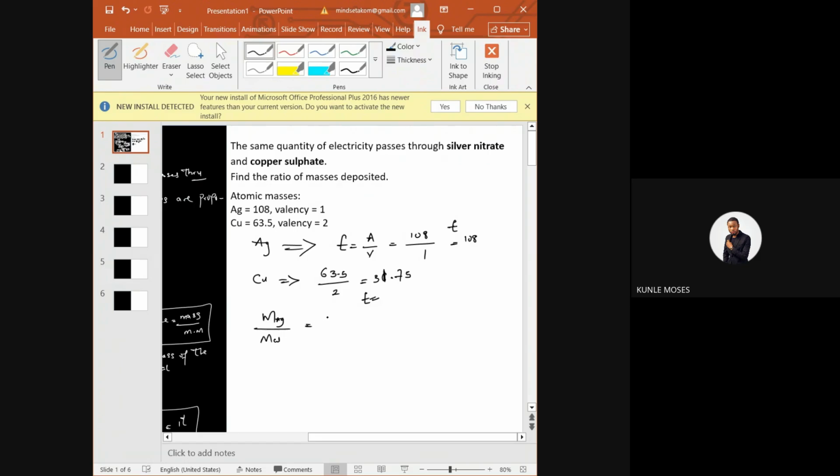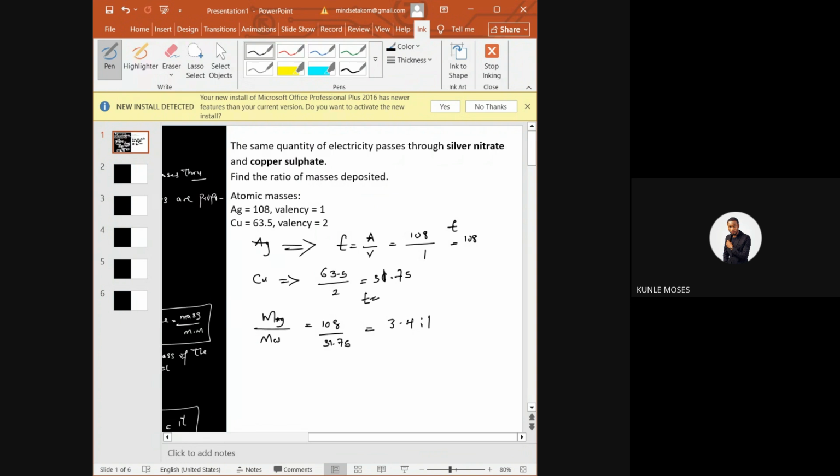So that would be 108 ratio 31.75. Somebody help us with the calculator. Please, let's be very fast. So that's 3.4 ratio 1.